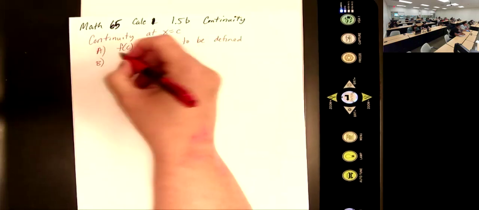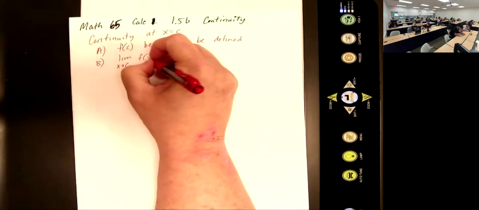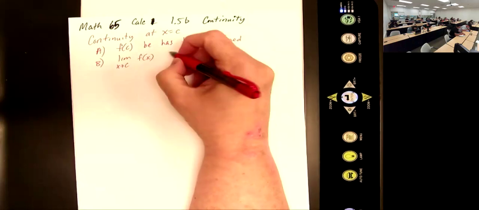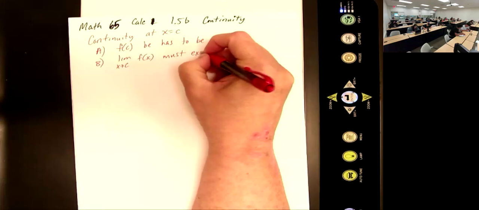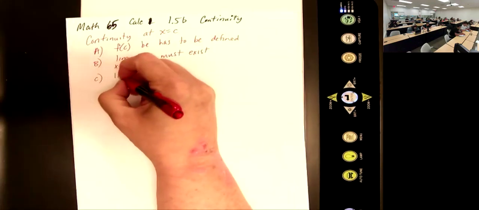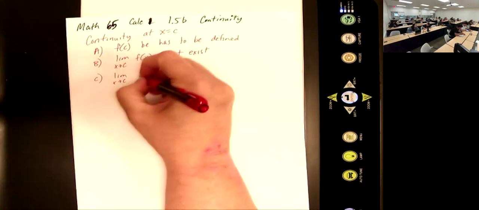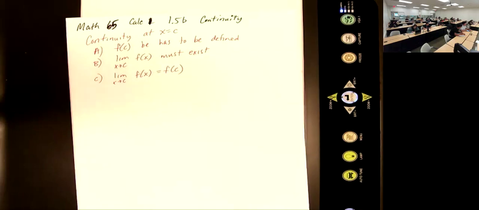B, the limit as x approaches C of f of x must exist. And C, that limit should be f of C. That implies continuity.